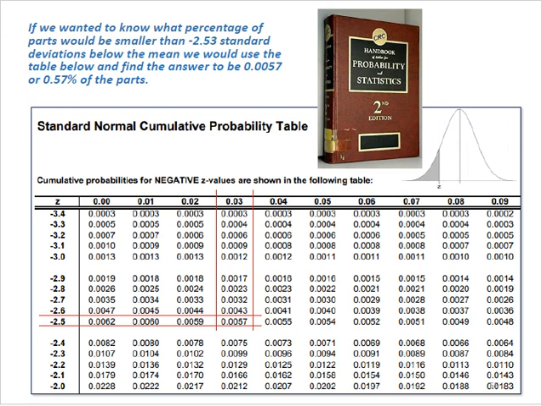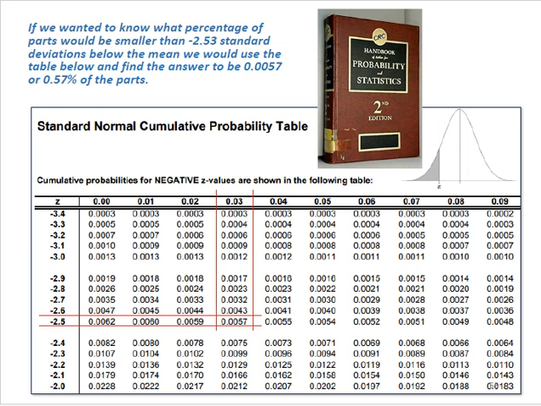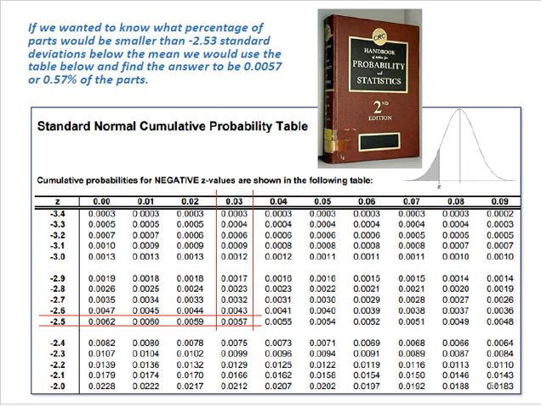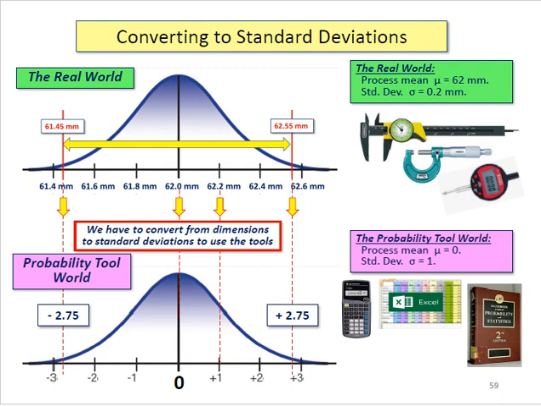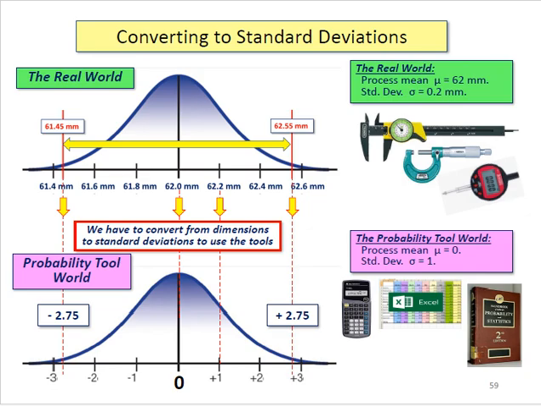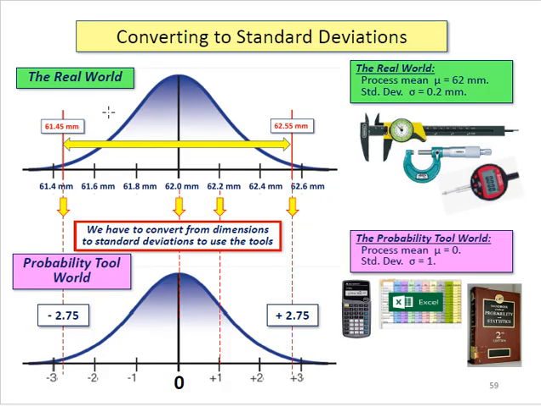If you look carefully, the table is actually using a standard deviation of 1 and a mean of 0. Okay, so let's get into that a little more. We're here, and of course we're getting into the real world, and we're going to compare that to our standard version, which is 0 and 1.